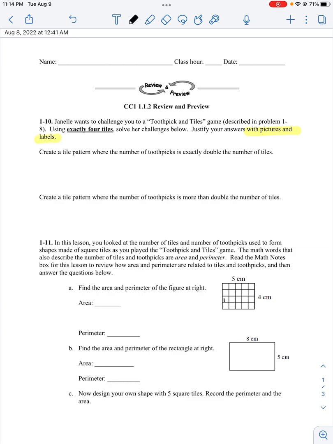Okay, so the first challenge is to create a tile pattern where the number of toothpicks is exactly double the number of tiles. Okay, well, if we have to use exactly 4 tiles, we need 8 toothpicks.